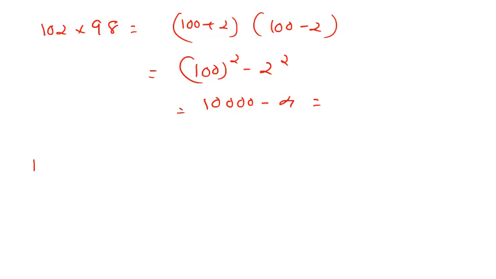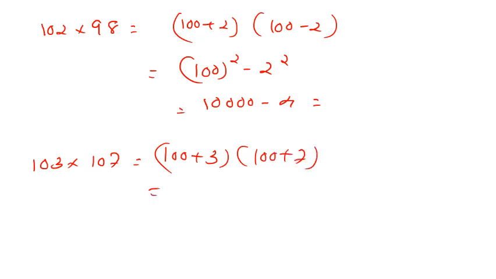Next step. 103 into 107. Here which identity are we using? x plus a into x plus b. So 100 plus 3 into 100 plus 7. This is of the form x plus a into x plus b: x squared plus a plus b into x plus ab.